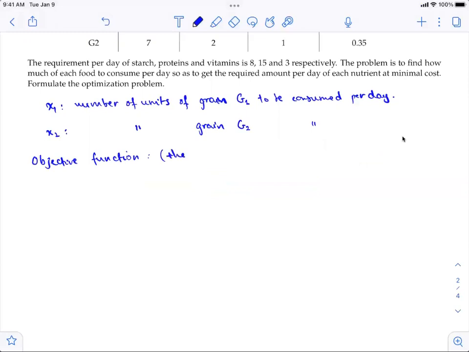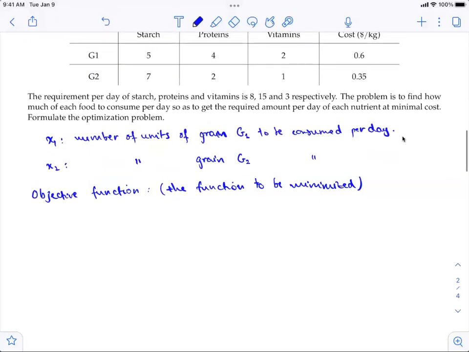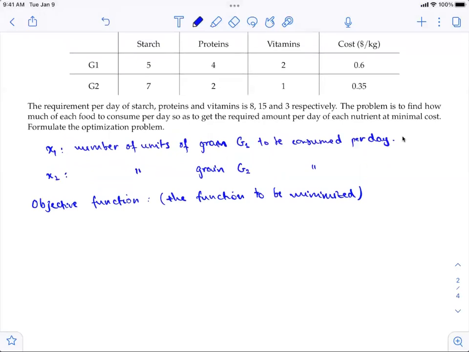The objective function is the function to be minimized in this particular case. In other cases, that could be the function to be maximized. So we want to minimize the cost, and you come up with the function f of x1, x2, which is equal to 0.6 times x1 plus 0.35 times x2.